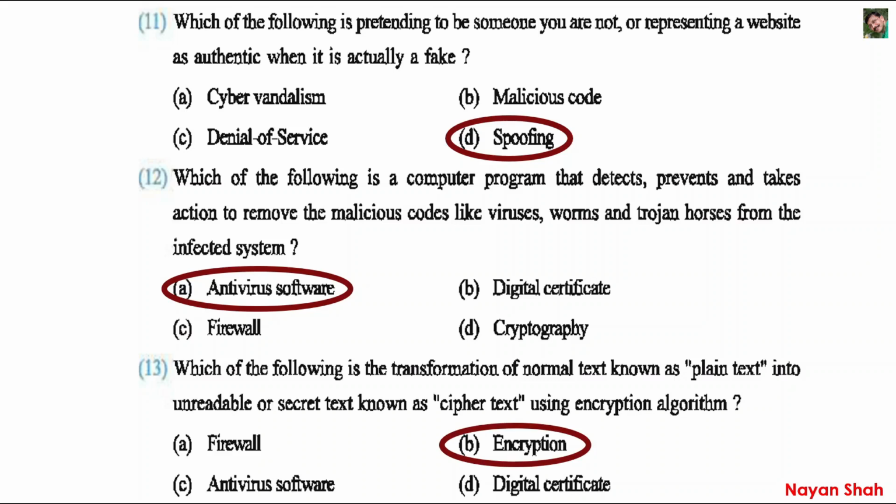But when they ask the same question in board, you may expect that they cut the sentence. They might ask you like, which of the following is a transformation of normal text to ciphertext? Simple one sentence question. So that is encryption. Encryption is a process of converting plain text into cipher text.